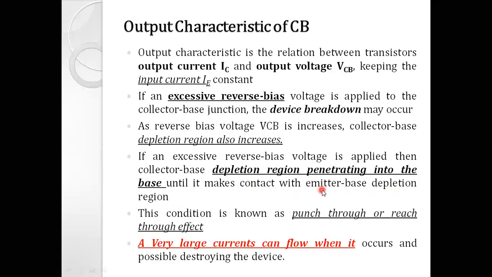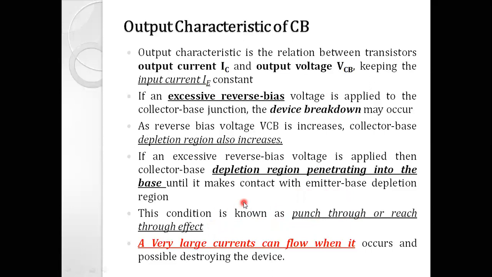The junction between the emitter and base is the first junction, and the junction between the base and the collector is the second junction. So the depletion region of the second junction makes contact with the first junction's depletion region. This condition is known as the punch through or the reach through effect, right?